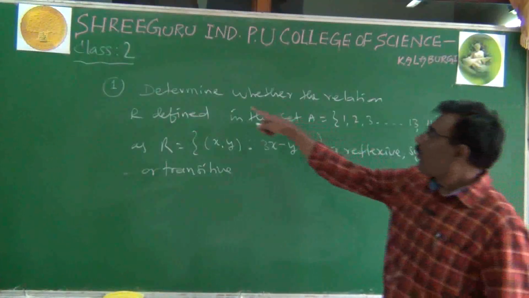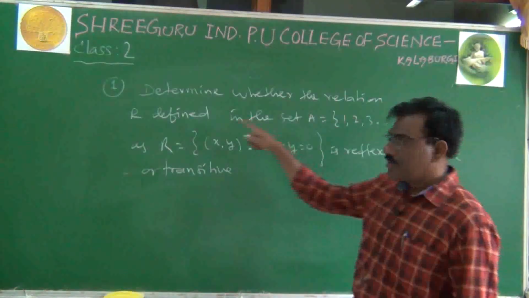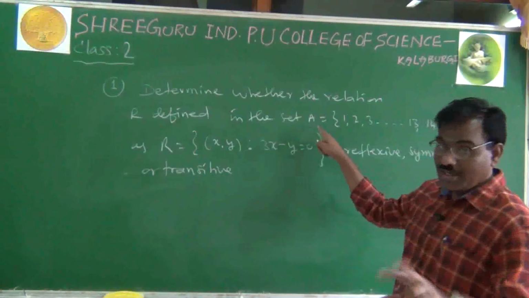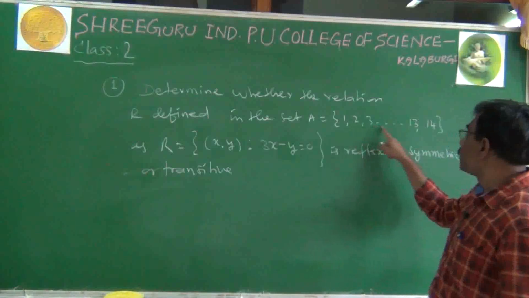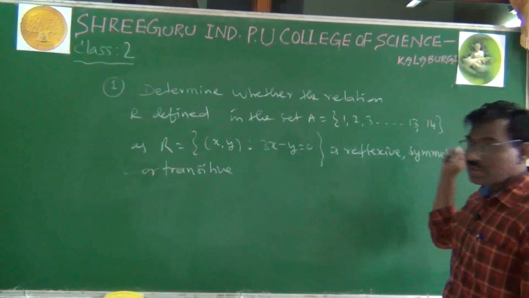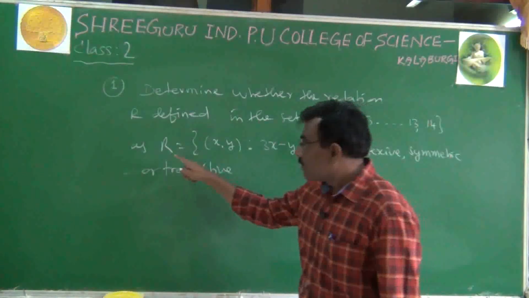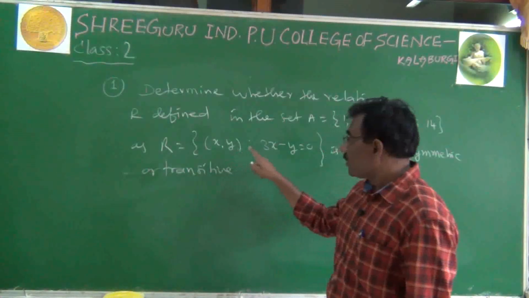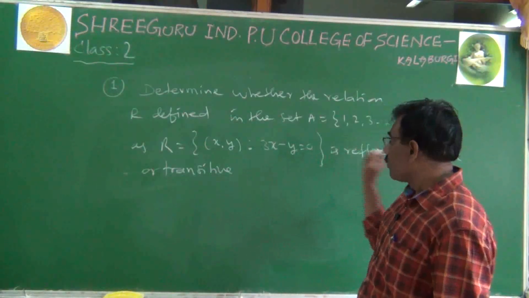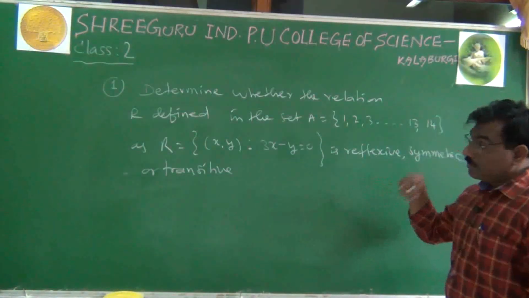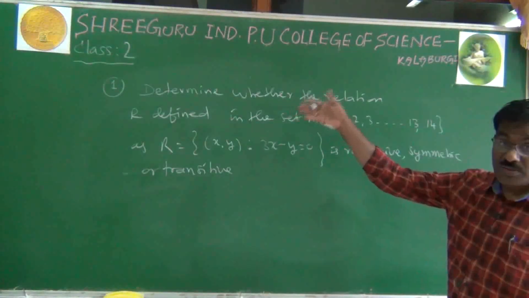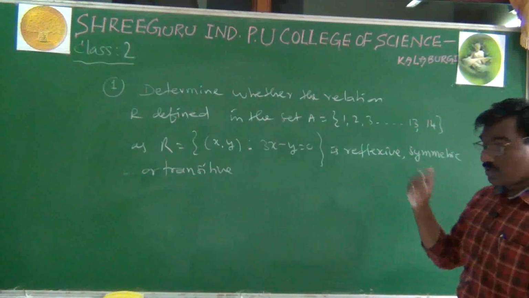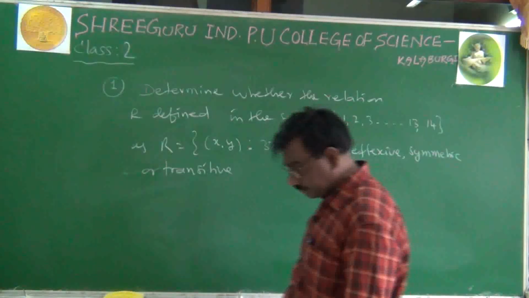Determine whether the relation defined in the set A is reflexive, symmetric or transitive. Be careful: set A is 1, 2, 3 up to 14. R is defined as (x, y) such that 3x - y = 0.